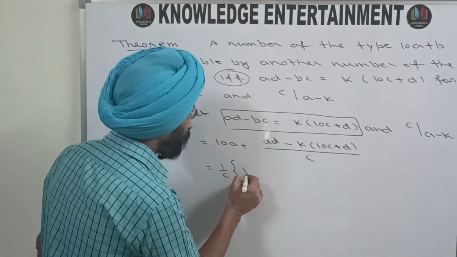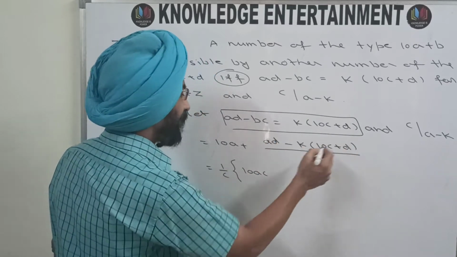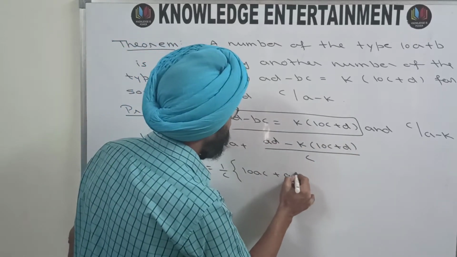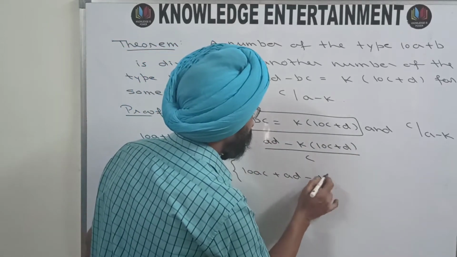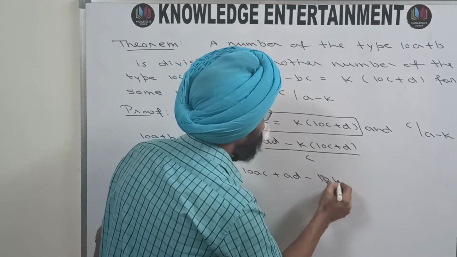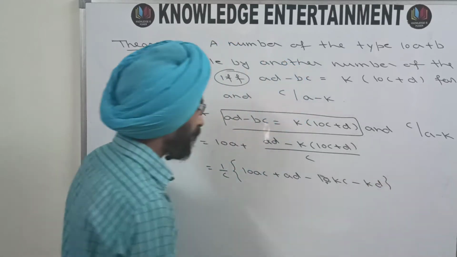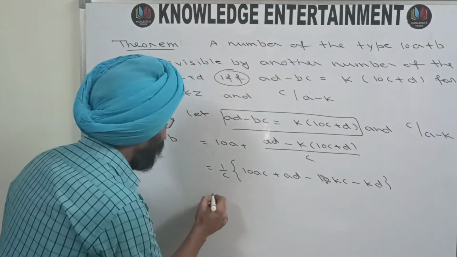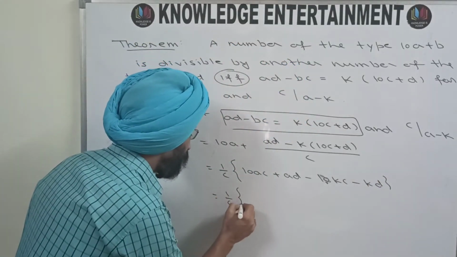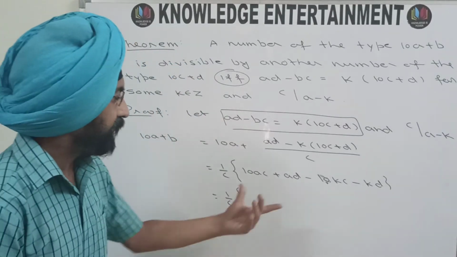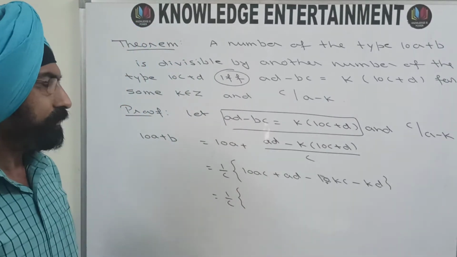This 10a will become 10ac, and the rest of the terms will be plus ad minus 10kc minus kd. I want to factorize it once again.